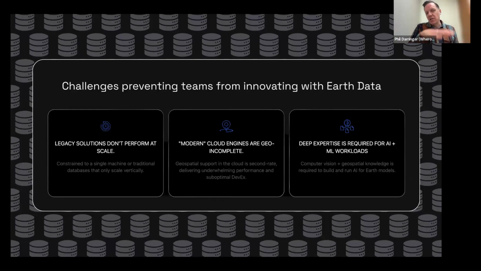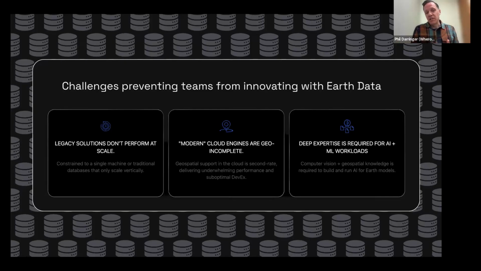Often that's simply because they're limited to work on a single node or have other physical constraints to their compute infrastructure. Then you have the new class of more modern cloud engines, Snowflake, Databricks, and others that people are using more and more for cloud native type of processing.